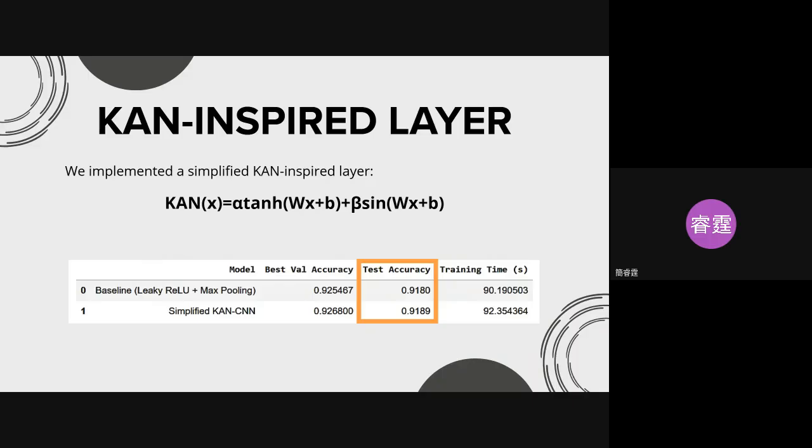The baseline accuracy was 0.9180, while the KAN CNN reached 0.9189. The improvement is not very large, but it still shows that this layer can bring some benefits.